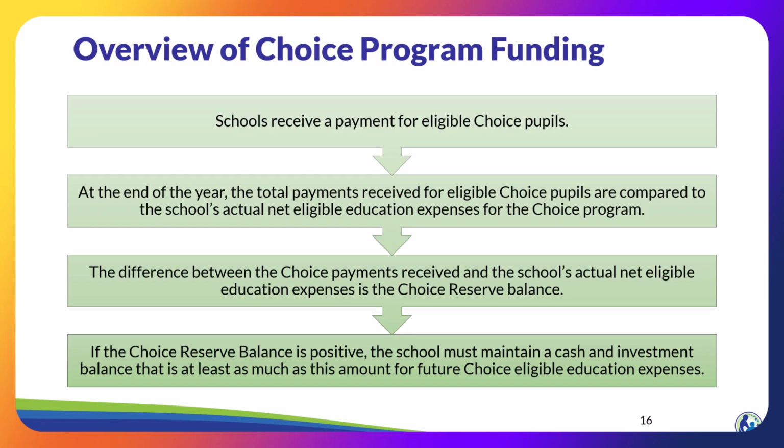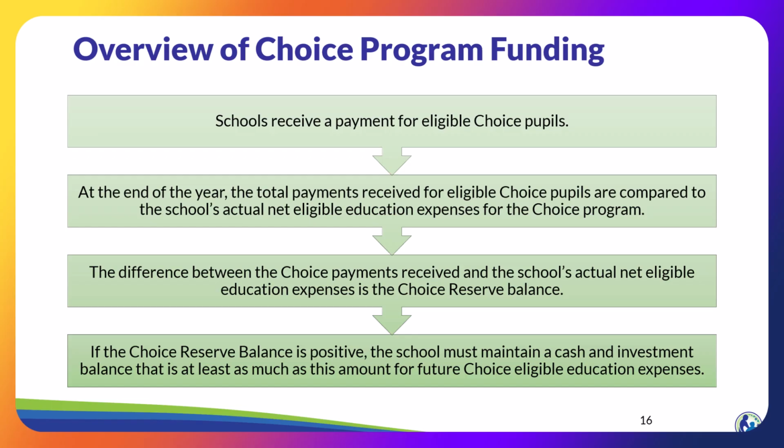The difference between the choice payments received and the school's actual net eligible education expenses is the choice reserve balance. If the reserve balance is positive, the school must maintain a cash and investment balance that is at least as much as this amount for future choice eligible education expenses.